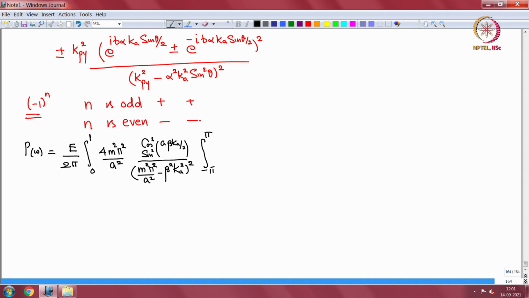Okay, so the b integrals gave us 4 k py squared, again cos squared or sine squared, then b alpha k a sine theta by 2, cos for odd values of n, sine for even values of n, divided by k square py minus alpha square ka square sine square theta whole squared.